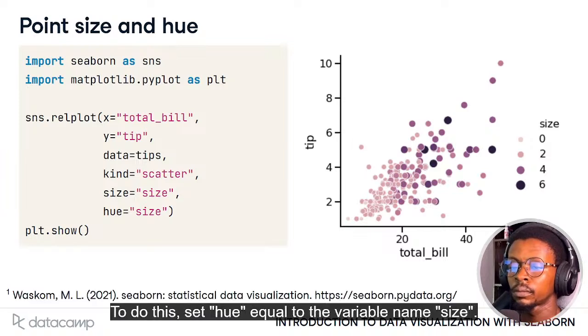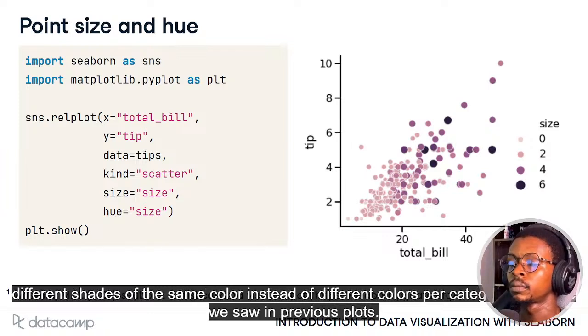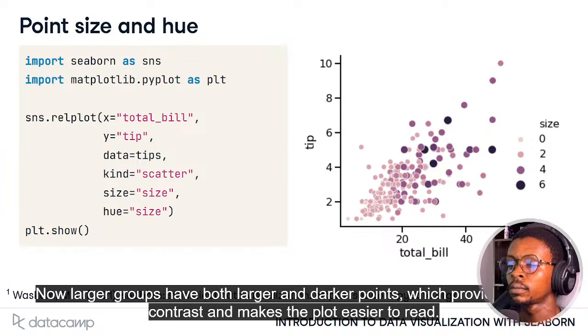To do this, set hue equal to the variable name size. Notice that because size is a quantitative variable, Seaborn will automatically color the points different shades of the same color instead of different colors per category value like we saw in previous plots. Now, larger groups have both larger and darker points, which provides better contrast and makes the plot easier to read.